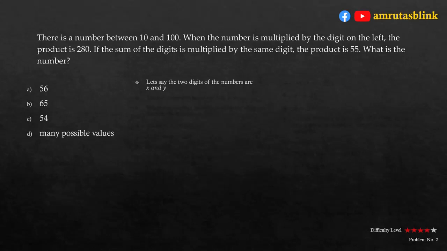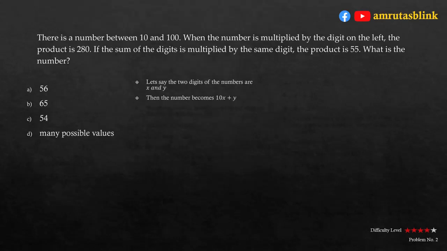Let's say the digits of the number are x and y. Now if you have y as units place and x as tens place, then what is the place value of y? The place value of y will be just y because it is at units place, but the place value of x, which is at tens place, will be 10x.